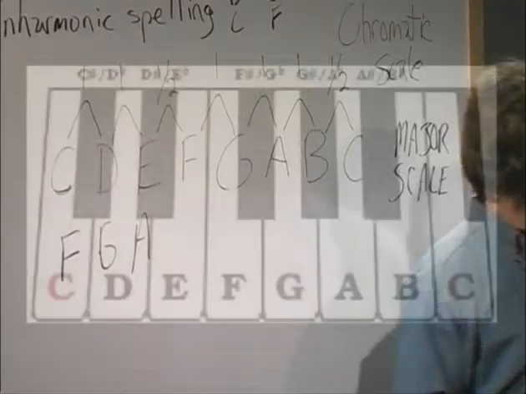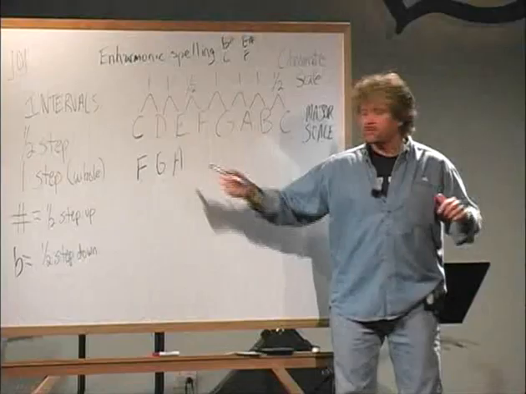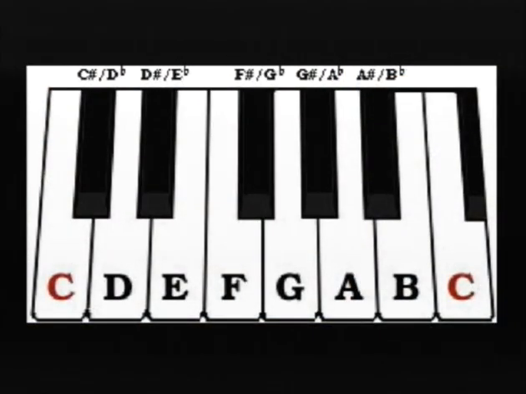Now, again, looking at the keyboard, if you go a half step up from A, what do you get? Well, you get A sharp or B flat. Well, we're already using A, so we don't want to use A sharp because we've already covered that note. So what we're going to do is use B flat.